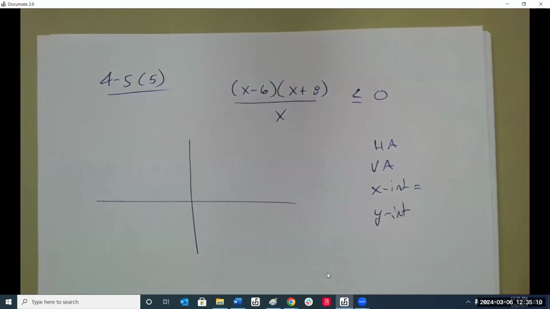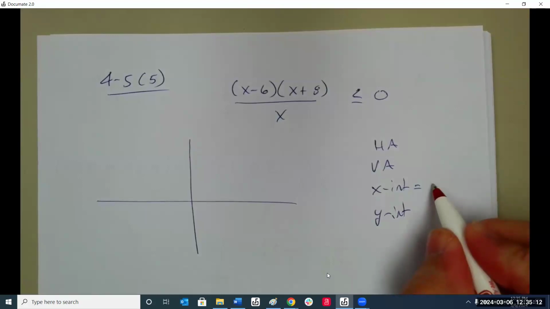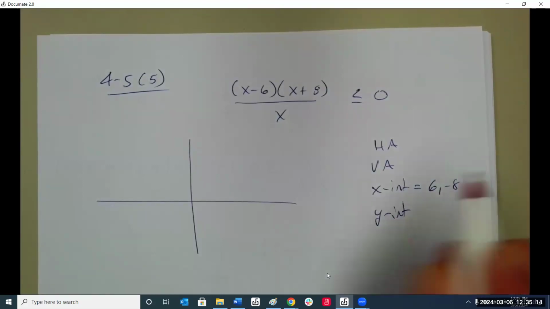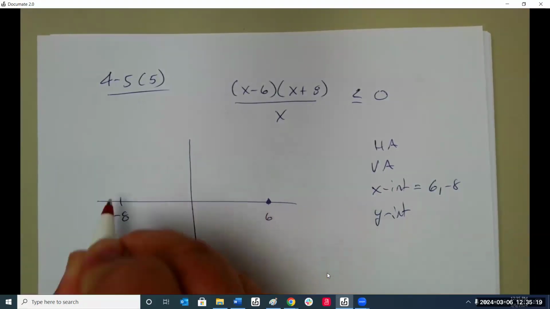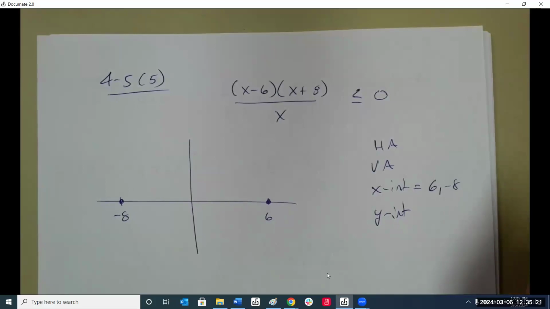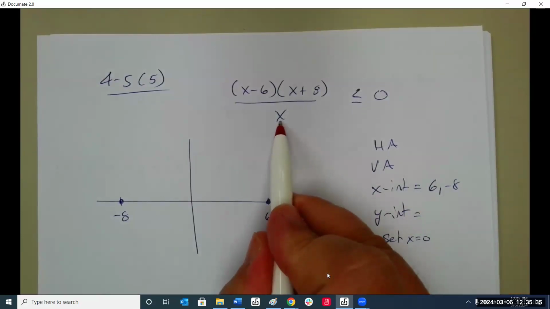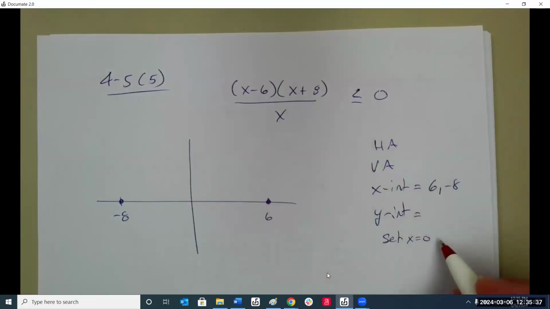So what are the x-intercepts? Very good. So it's -8 and 6. What's the y-intercept? How do you find the y-intercept? Yeah, set x equal to 0. What happens to the bottom? Yeah, so there's none. There is no y-intercept.